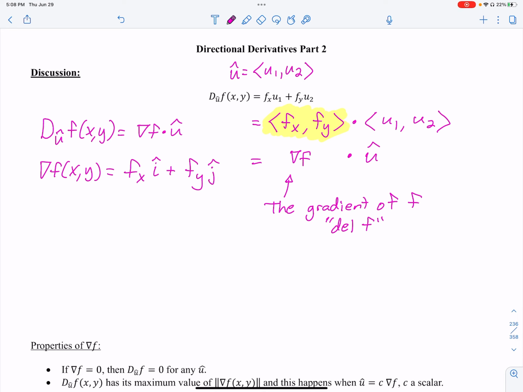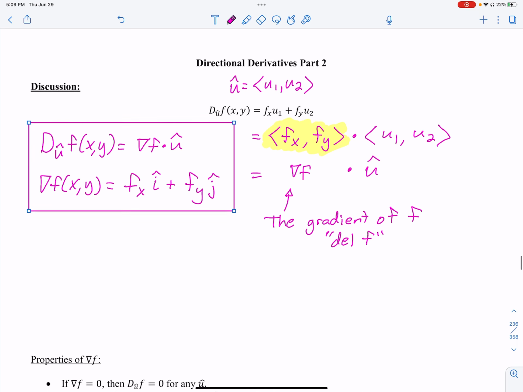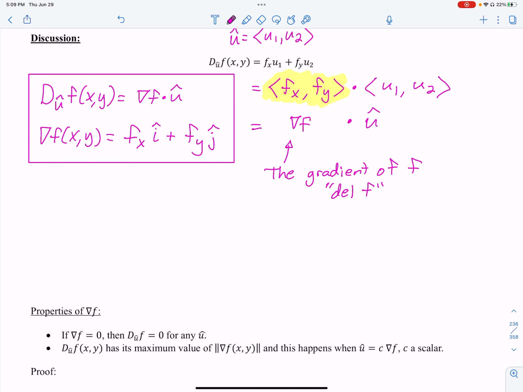Let's note a few things here. Here are our two definitions that come from this discussion. The directional derivative is a slope, which would be a scalar, not a vector.